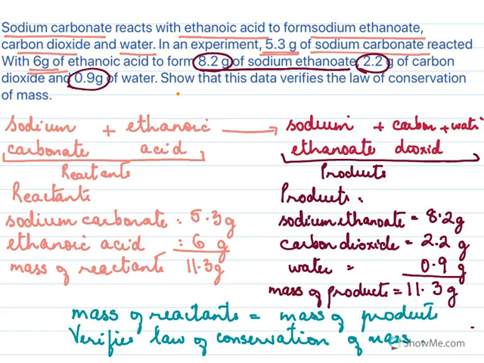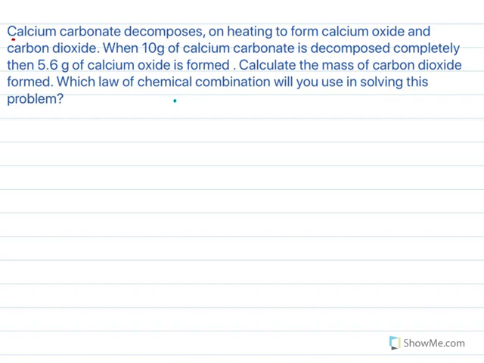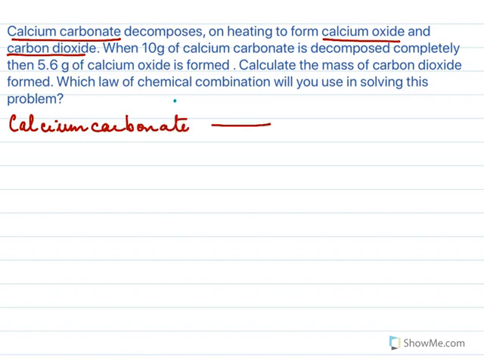Mass is neither created nor destroyed in a chemical reaction. Calcium carbonate decomposes on heating to form calcium oxide and carbon dioxide. Let's write that. So we have calcium carbonate is the reactant. It decomposes to form calcium oxide, which is a product, plus carbon dioxide.